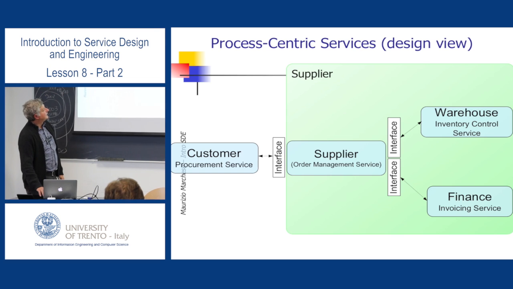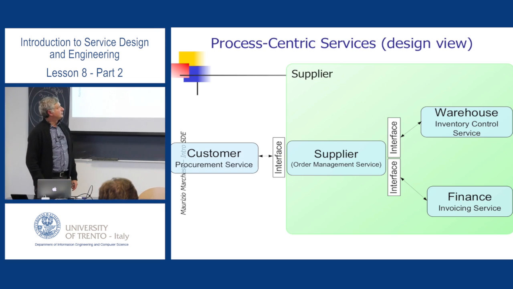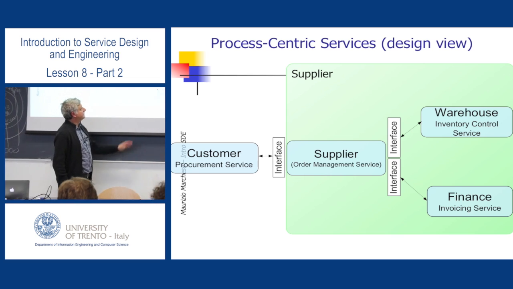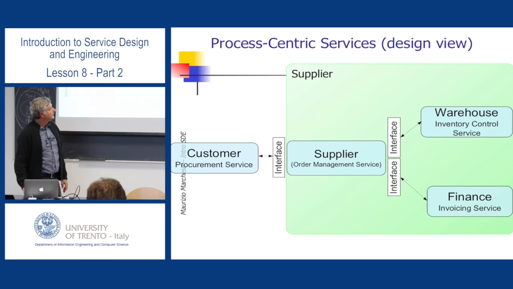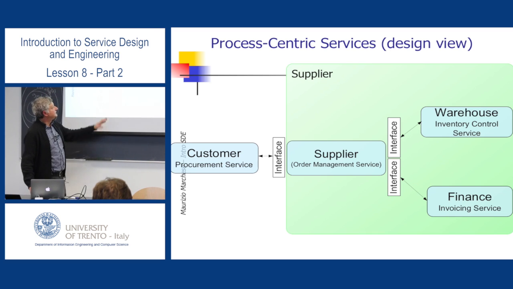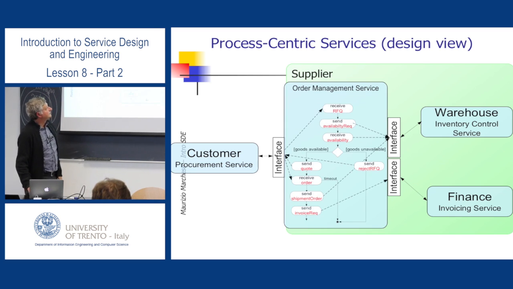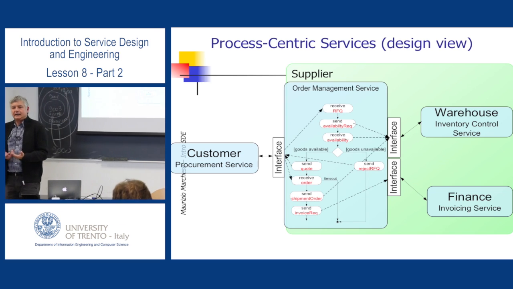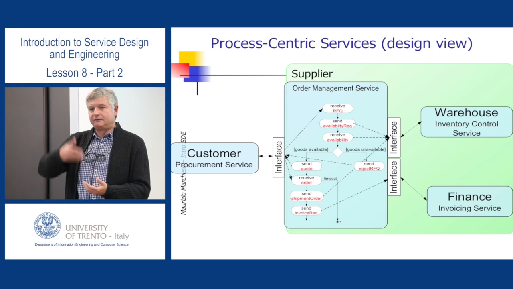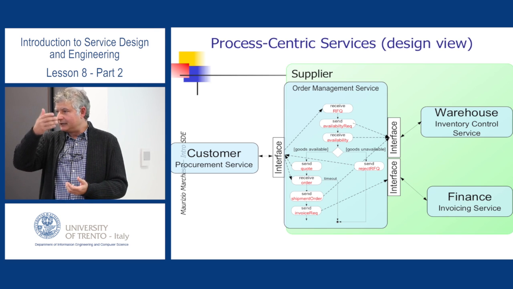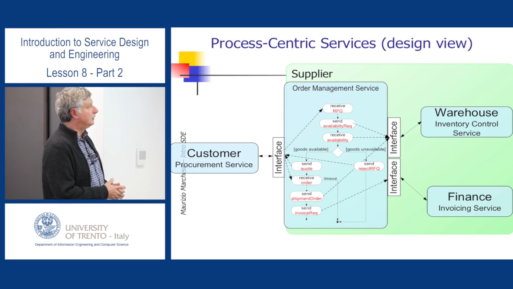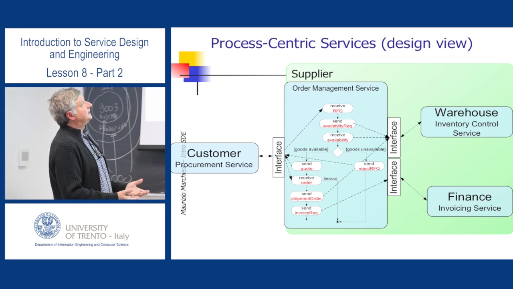Another way of looking at it is by providing, let's say, services for the data, in this case, on that side. And then this supplier, which is the order management service, is in reality an application which follows a certain logic of the process and a certain number of calls to implement a particular process.